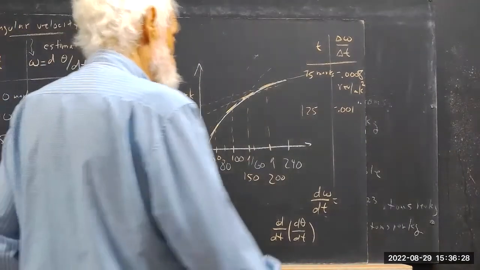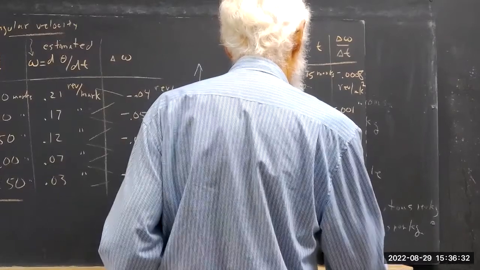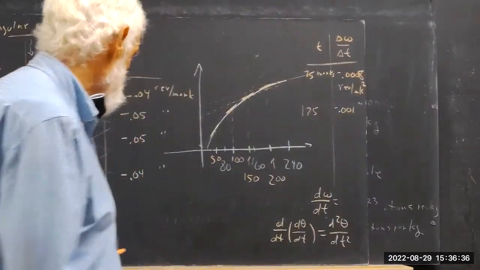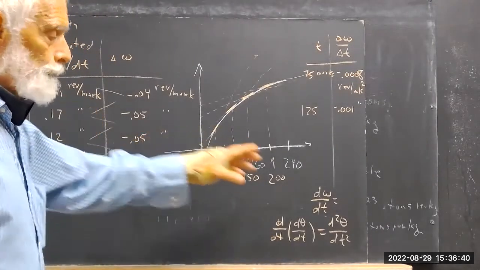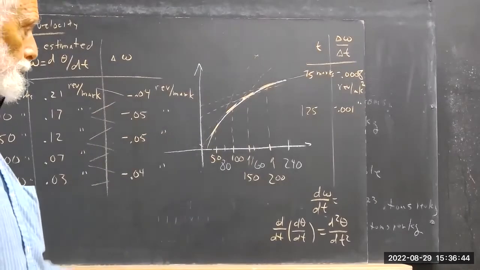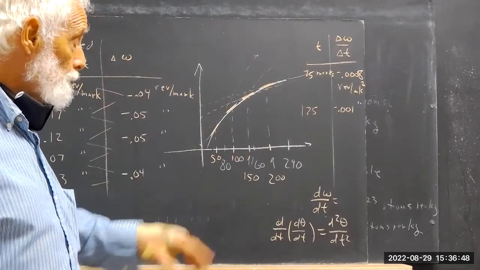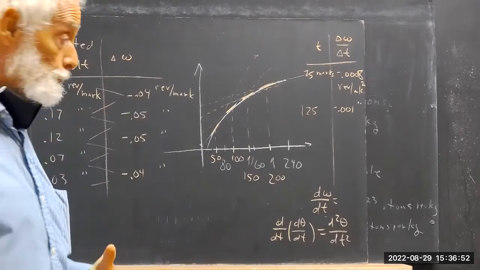And what's that? That's the second derivative of theta with respect to t. So right here, we have a connection between the data that we've calculated and some derivatives. That's an important connection, something we want to work on understanding very well at this point.